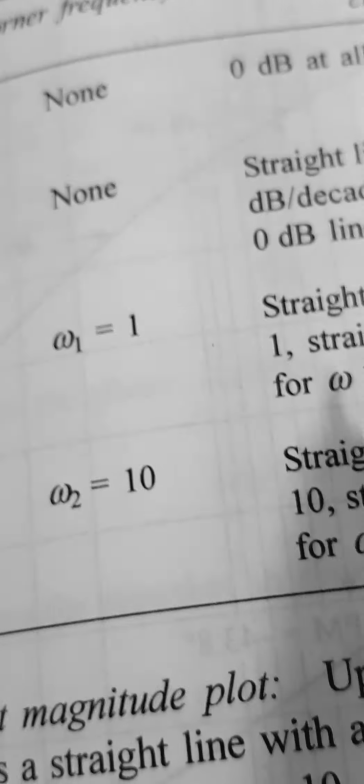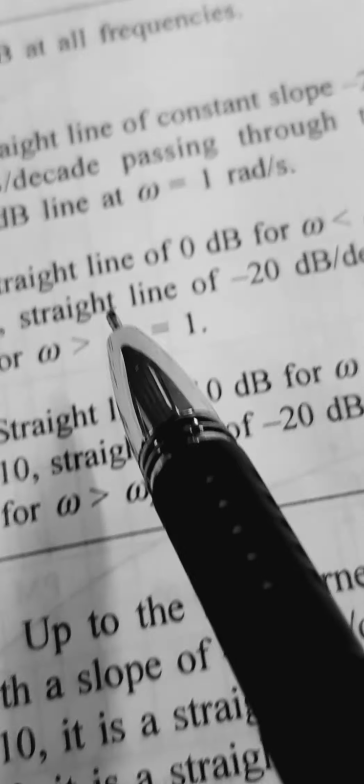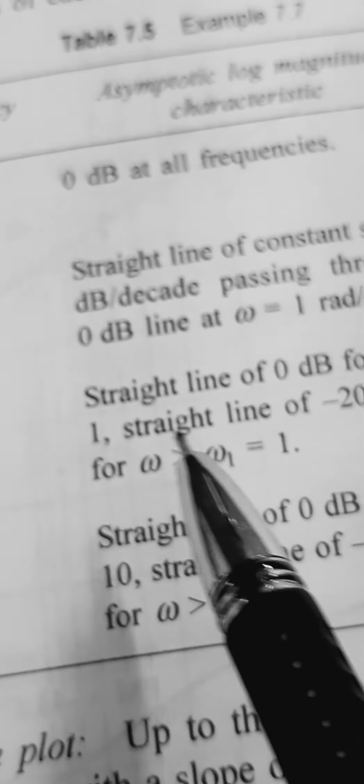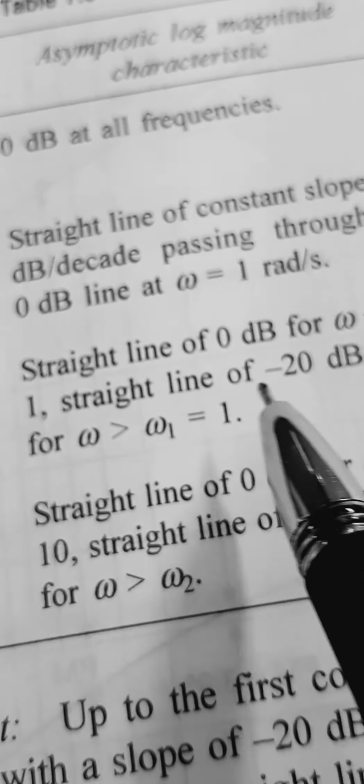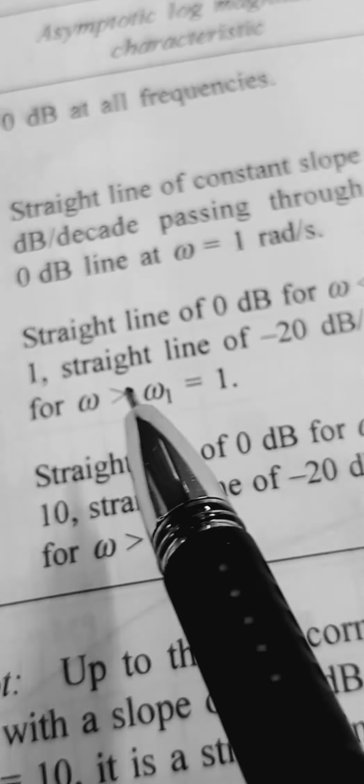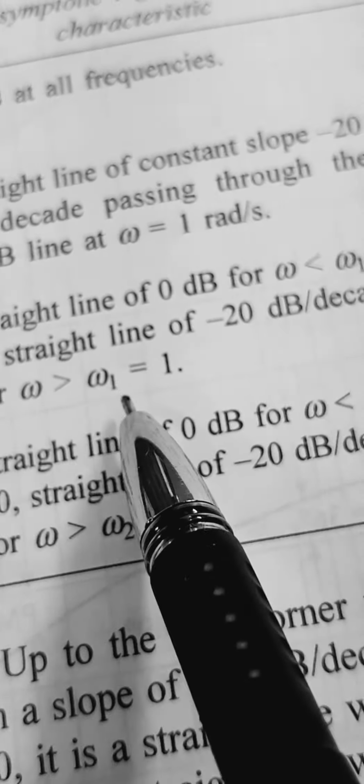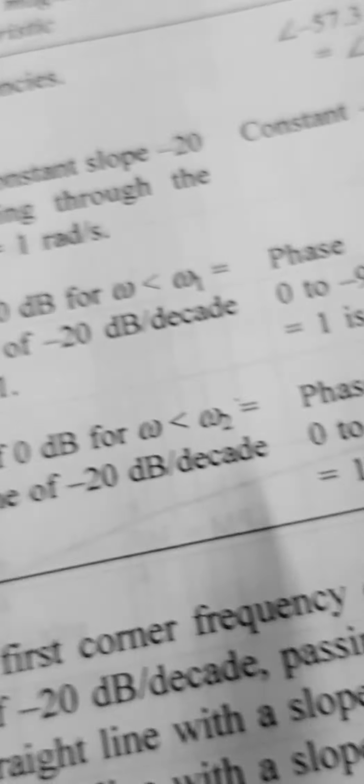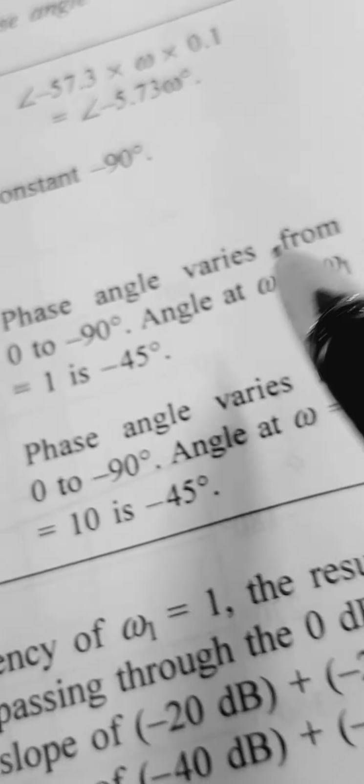Till the corner frequency it is 0 dB, and after the corner frequency it is minus 20 dB per decade: a straight line of 0 dB till omega 1, and a straight line of minus 20 dB per decade when omega is greater than omega 1. At the corner frequency the phase is minus 45 degree, and the phase angle varies from 0 to minus 90 degree.